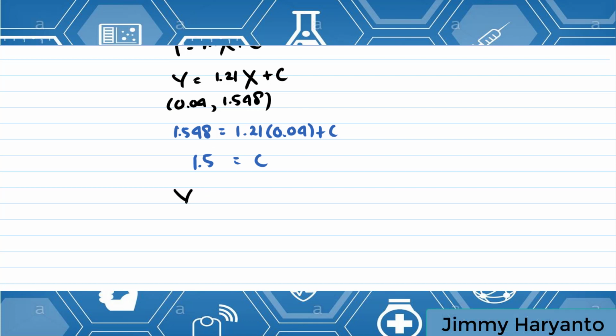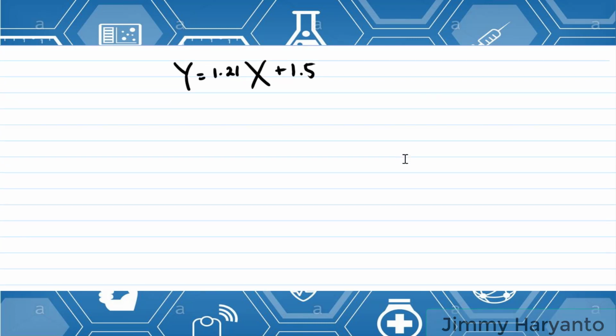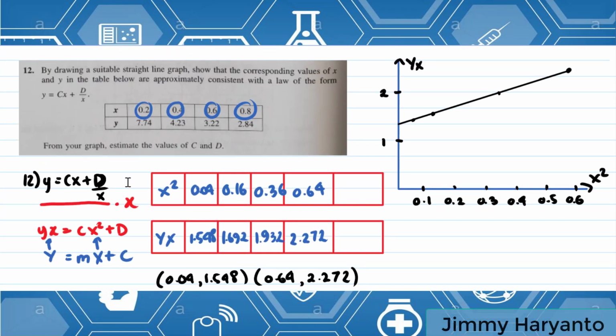Therefore I will get y equals 1.21x plus 1.5. Do not forget to change the big Y and the big X to yx and x squared. The big Y into yx, and this one is x squared, plus 1.5. And then we have to compare with this one to get the c and d.